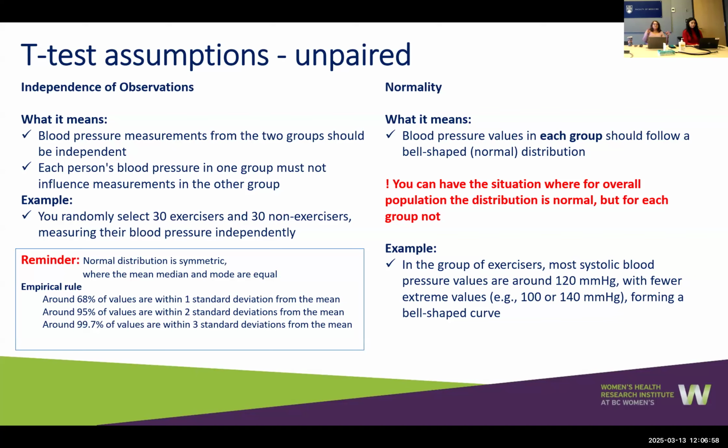I did a t-test and the results were not significant. After that, I checked the distribution and I said, oh, it's really skewed. Let me try a non-parametric test. And for the non-parametric test, I got completely opposite results. So basically, if you have assumptions violated, you might get biased results.